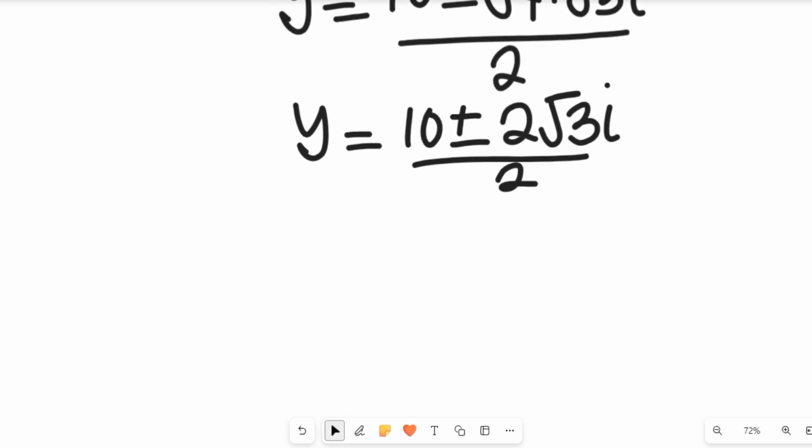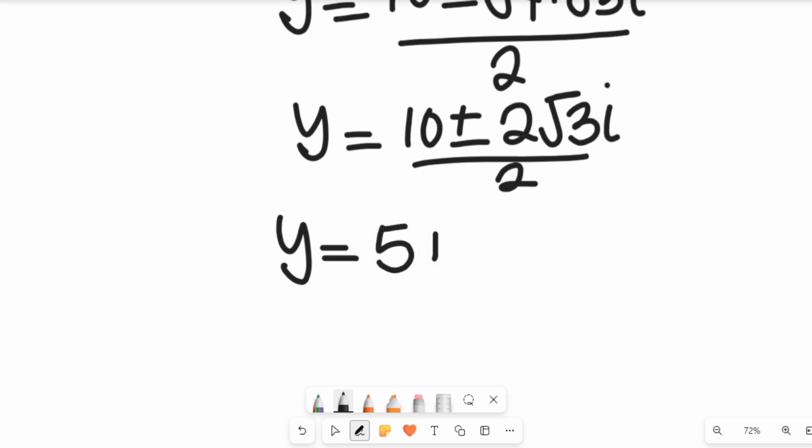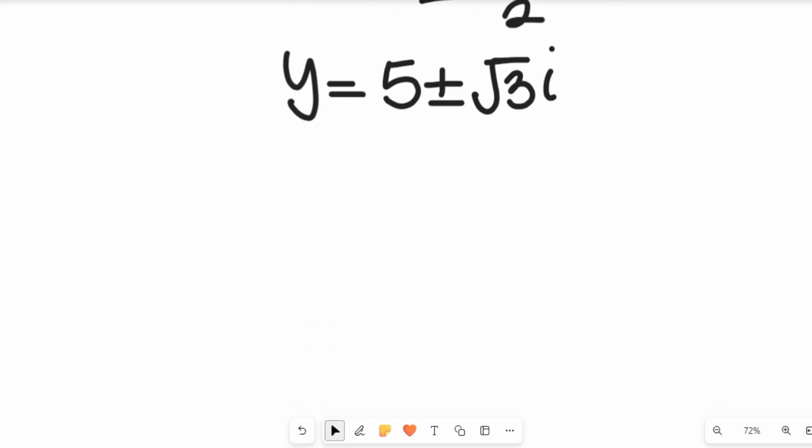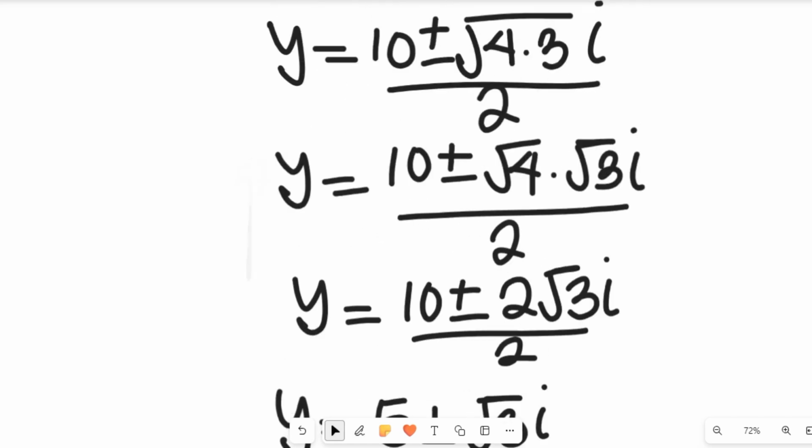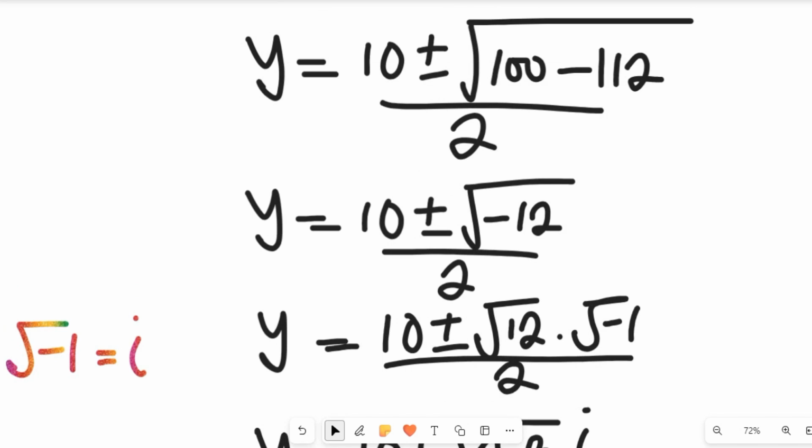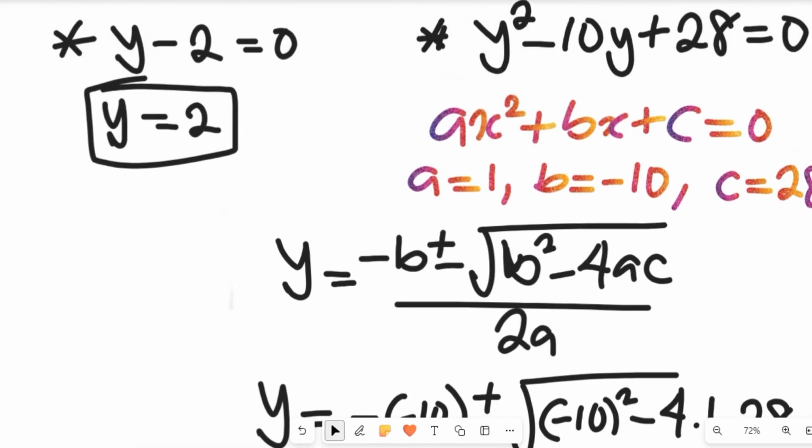So if we divide this whole expression by 2, the value of our y will be equal to 5 plus or minus root 3 imaginary. So that whole expression will give us root 3 imaginary. So the values of y that we have gotten so far, recall that we have the first expression, which is a real solution for y, and y is equal to 2.